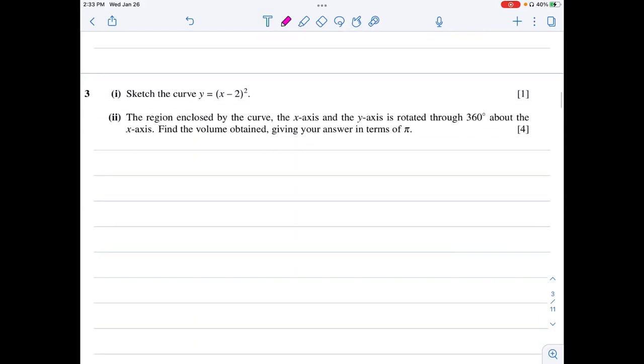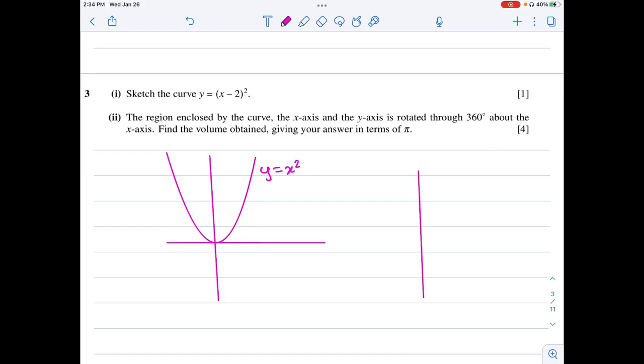Question number 3. Sketch the curve y is equal to x minus 2 whole square. So we know that y is equal to x square will be in this way. Now I want y equal to x minus 2 whole square. It is minus 2, so move the graph.